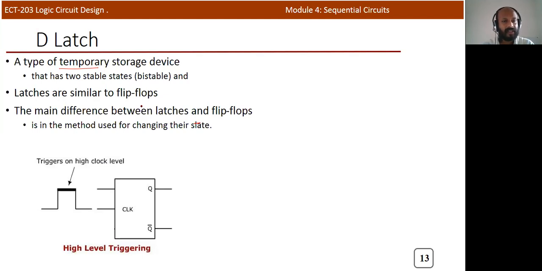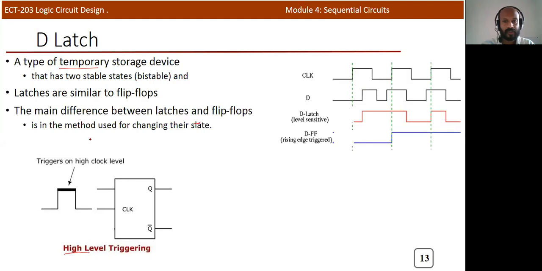In previous cases, we discussed flip-flops with edge triggering, but in the case of a latch, the output is level triggered. That is, when there is a positive high signal, a high level in the clock signal, the output will change. So we can check this particular waveform. This is a clock signal, and if it is a latch, it will be sensitive to the positive part, or it can be negative also, but in this case this is high level triggering.